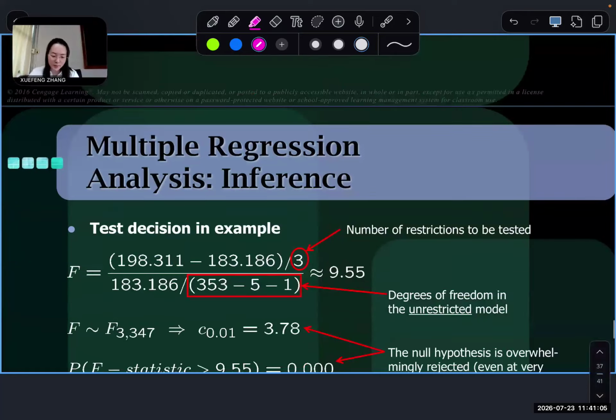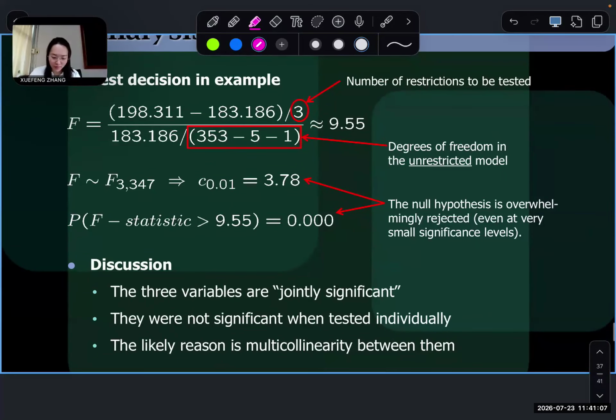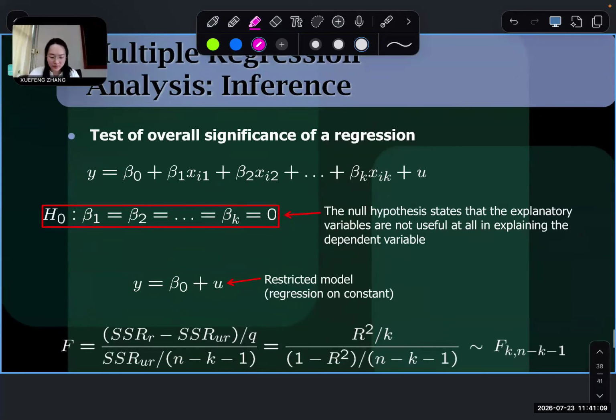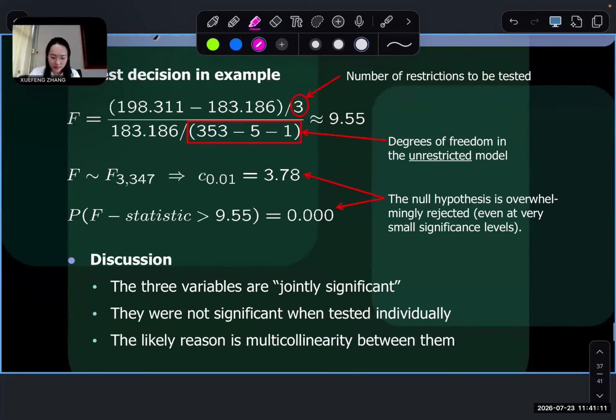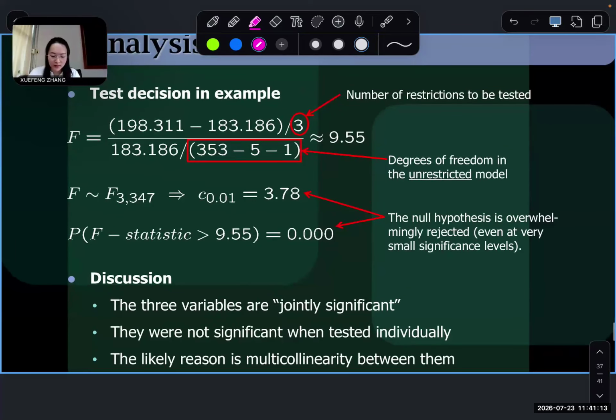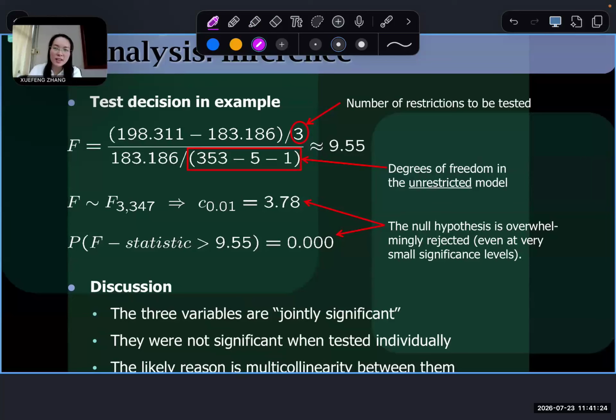Okay, let's move on here. So now we have the formula, right? Let's see how we calculate the F statistic. You just plug in real numbers. SSR, what is this?